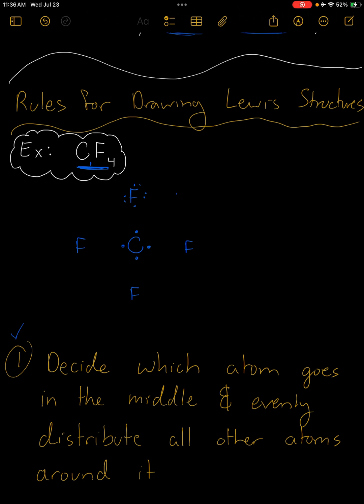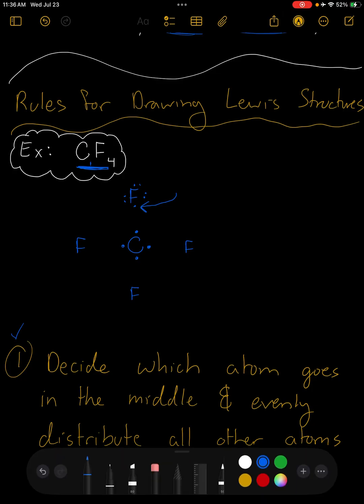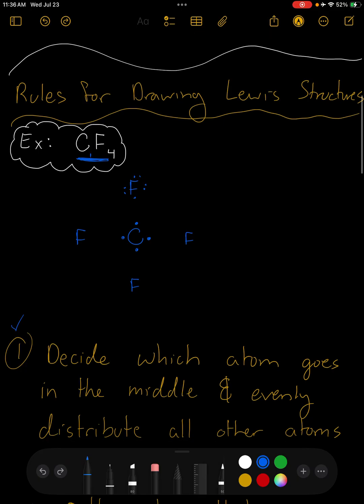You'll notice that I put the unpaired one in the middle, which is important because I'm going to need to draw lines after I finish my electron dot structures. So just make sure that you are keeping track of where your unpaired electrons are located. All right, so I'm just going to draw my others around the rest of my fluorines.